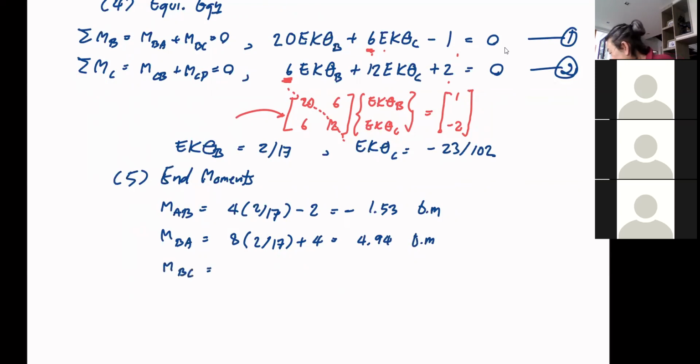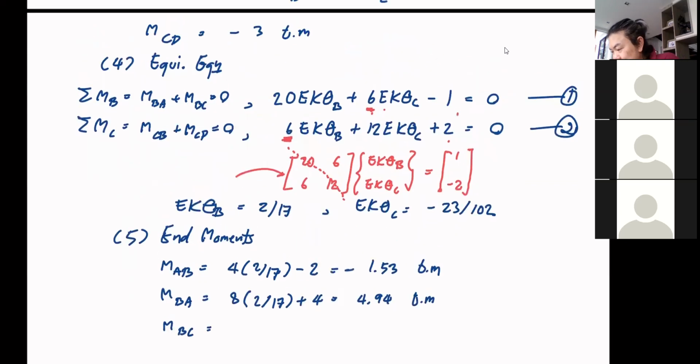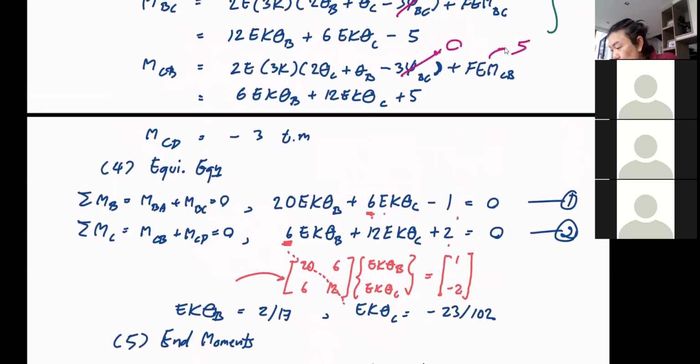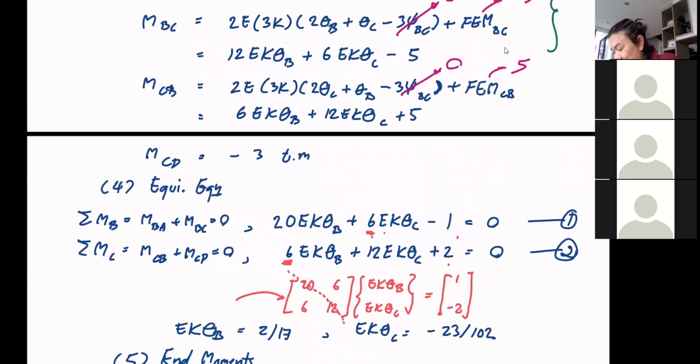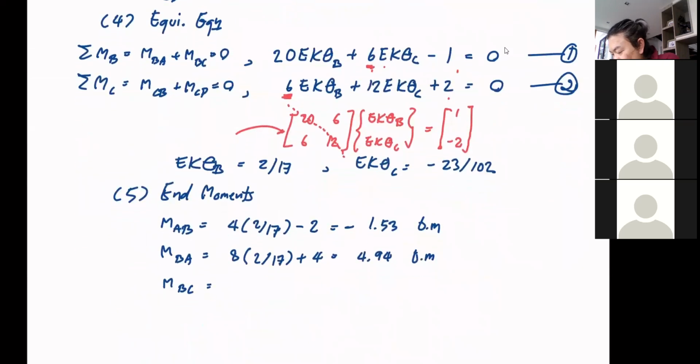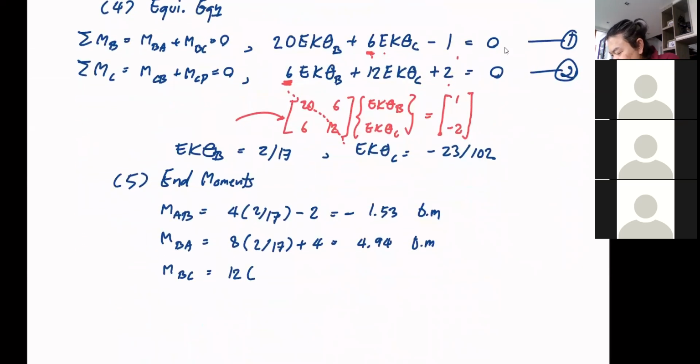MBC is how much? There, 12 EK theta B plus 6 EK theta C, which is actually negative, minus 5. What do you expect here?